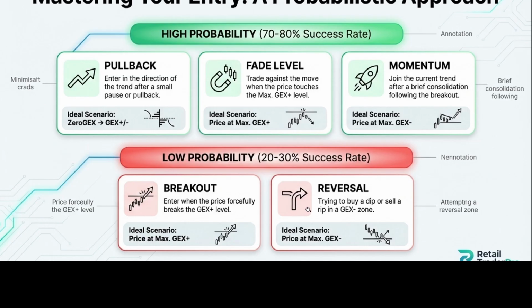Also, the low probability setup is when price hits the max GEX negative level and we try to take a long position. When we are in a negative GEX zone, an acceleration zone, why would we want to take a long position if all the ladder's gamma levels are negative?